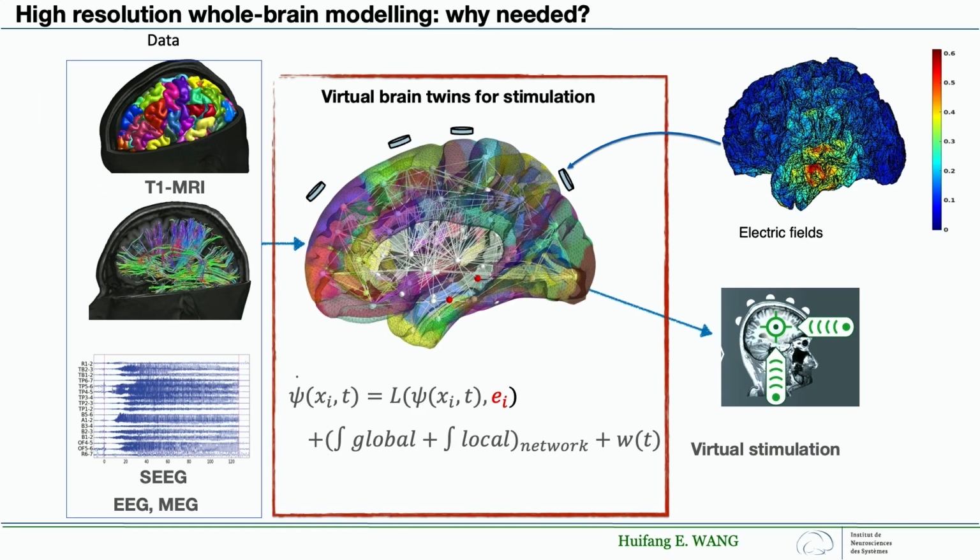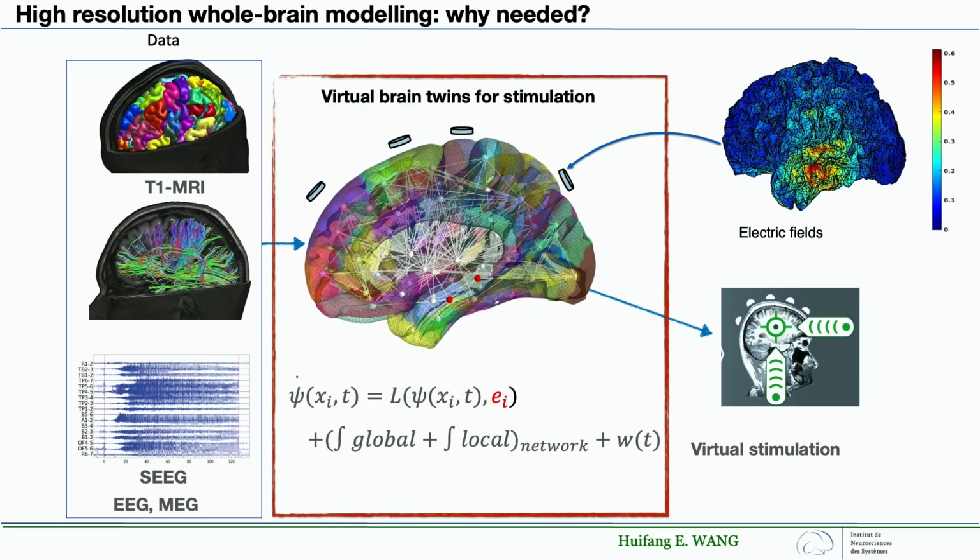If you know our work about virtual brain twins, we are going through a clinical trial to identify the epileptogenic network right now, and this is in low resolution. So now it's the first pipeline we work on for clinical use in high resolution for stimulation. Why is high resolution important here?